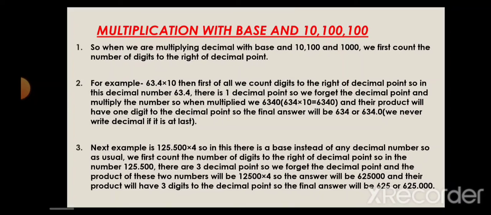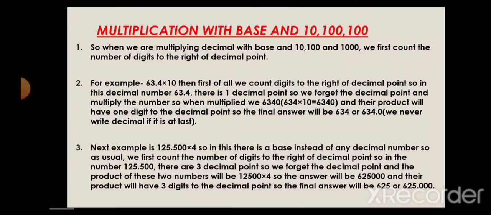In this there is a whole number instead of a decimal number or numbers like 10, 100 and 1000. As usual, we first count the number of digits right to the decimal point. In the number 125.500, there are 3 digits after the decimal point.